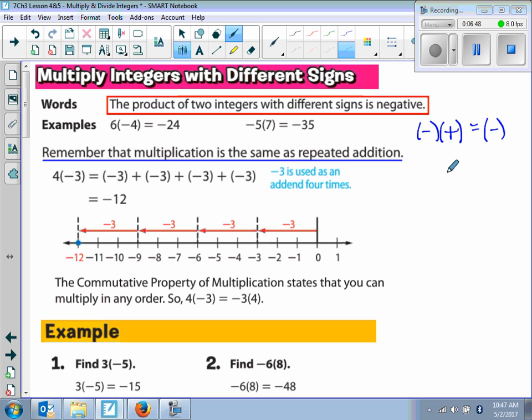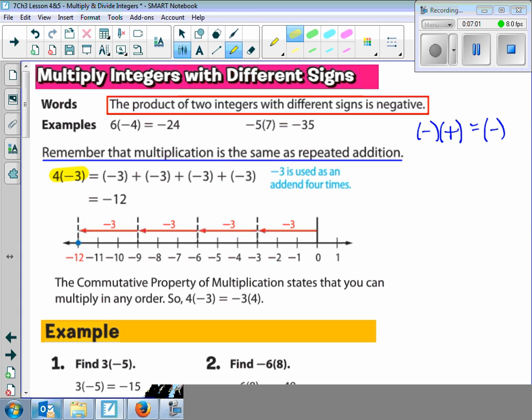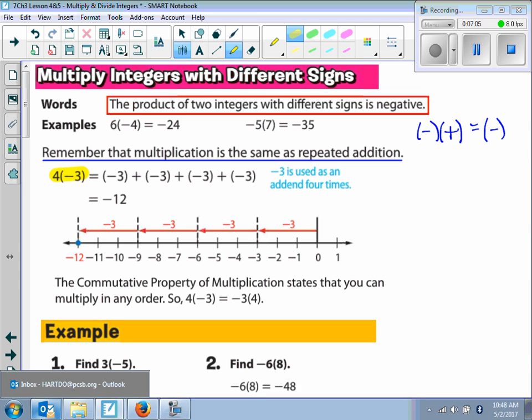Okay? Now remember that multiplication is the same as repeated addition. So if I were multiplying 4 times negative 3, that means that I'm going to add negative 3 4 times. So negative 3 plus negative 3 plus negative 3 plus negative 3.